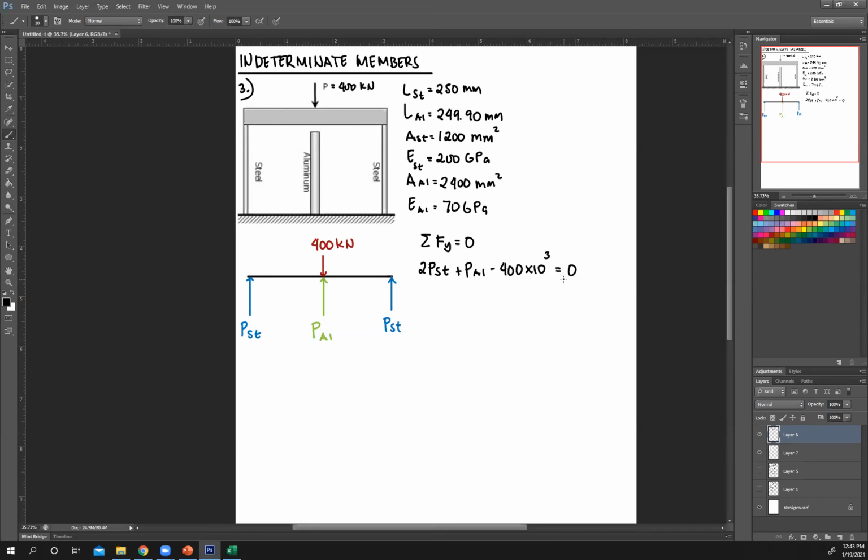We're looking for stress, so I need to rewrite these forces in terms of stress, which is just stress times area. So twice stress of steel times area of steel plus stress of aluminum times area of aluminum.